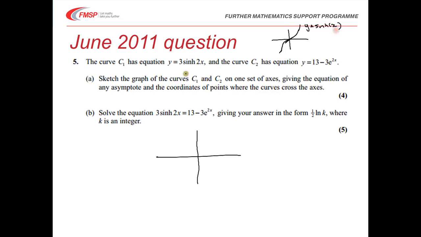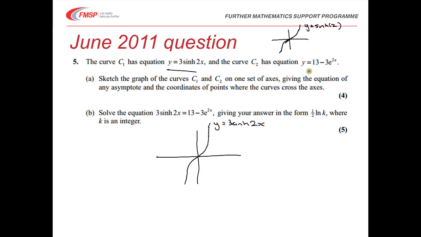And we can think about C1 in terms of that, because the 2 is going to give us a kind of squashing towards the origin, and the 3 is going to give us a stretching away from the x-axis. So it will kind of look similar to that, but it will actually be a lot steeper at the origin than that. So it'll be something like this perhaps for C1. So this is y equals 3 sine of 2x.